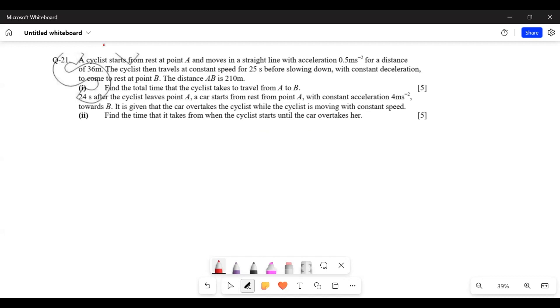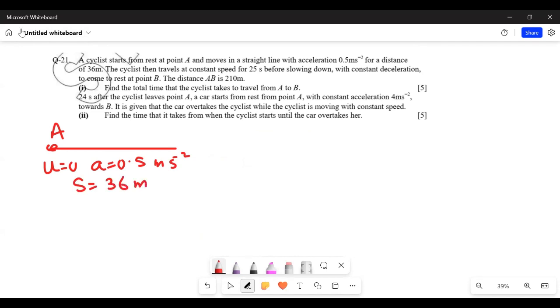Okay, let me draw this. Cyclist starts from rest at point A. Starts from rest means U is equals to 0. Moves in a straight line with acceleration 0.5 meters per second squared for a distance of 36. And distance is 36. This is what we know. Let me write distance over here. Okay, so that's the first part of the journey.